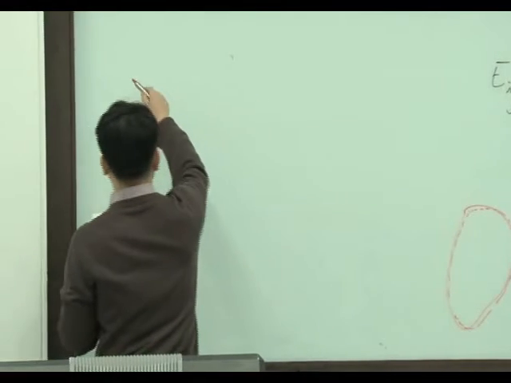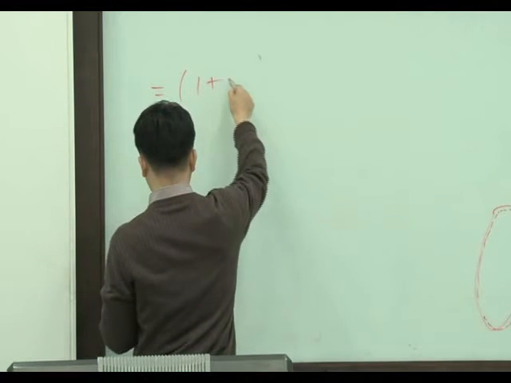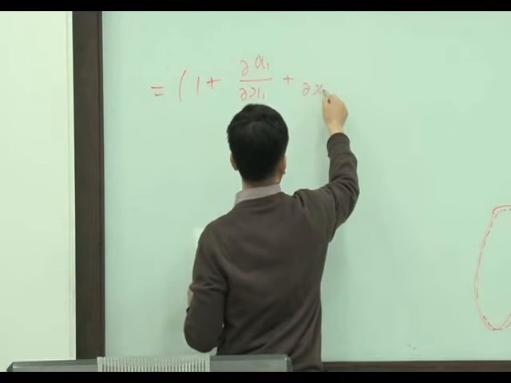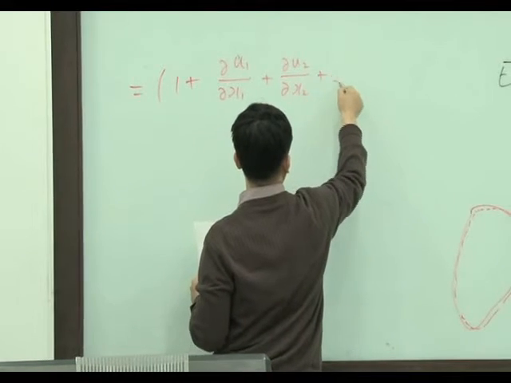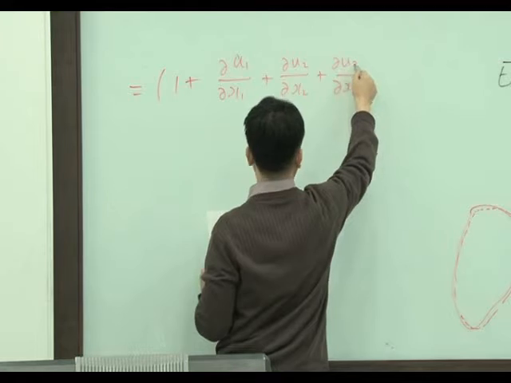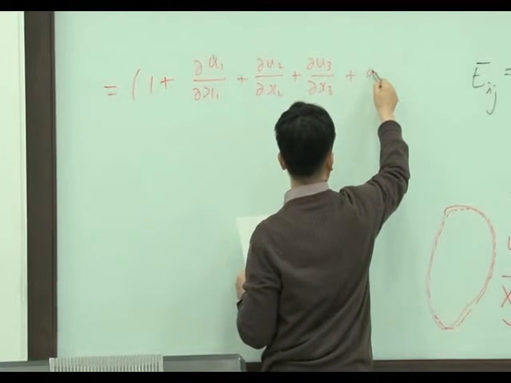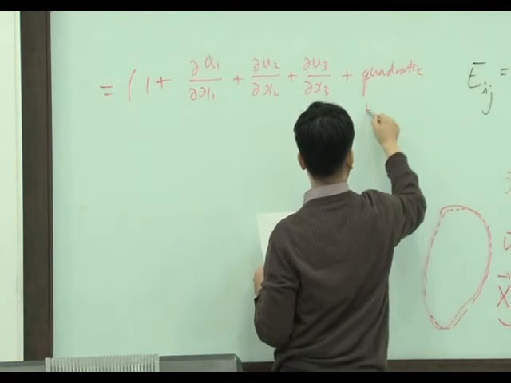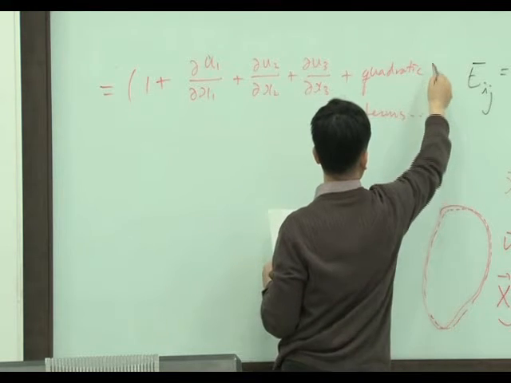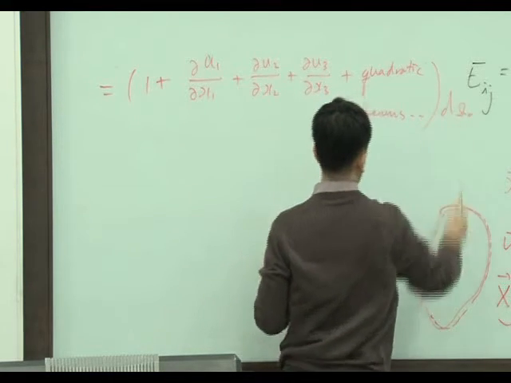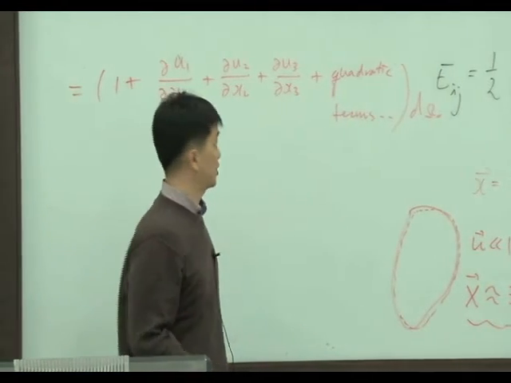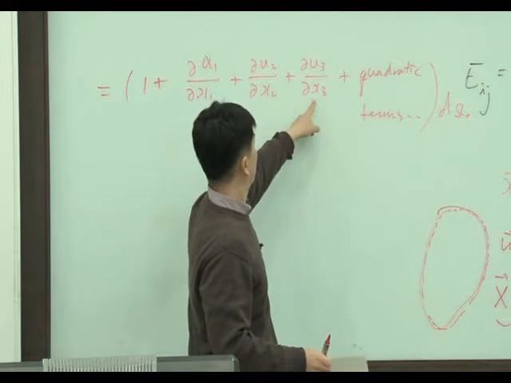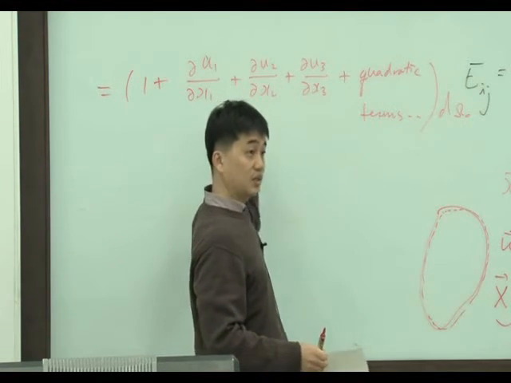Then in that equation, if we calculate the determinant, 1 plus partial x1 u1, partial x2 u2, partial x3 u3 plus quadratic terms, times d omega. Quadratic term means the square term. Okay? And because this quadratic term is much smaller than this linear term, right?